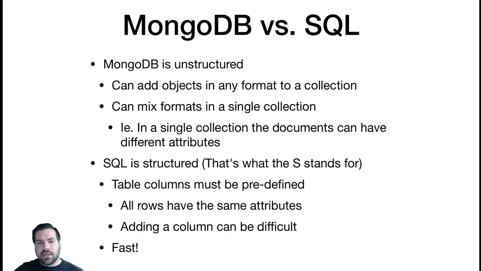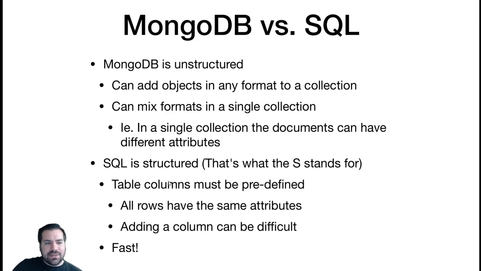If we have a collection and we give it an object, it's going to take that object and add that to the collection. It doesn't matter if I have 3 objects in a collection and they all have different key value pairs. All the keys could even be different, everything can be completely different in between all of those documents. And MongoDB doesn't care. It's not going to enforce any structure at all.